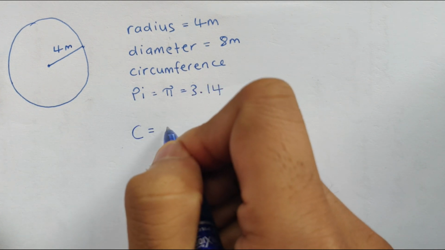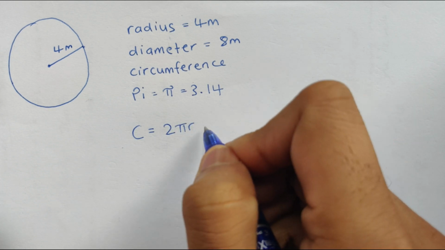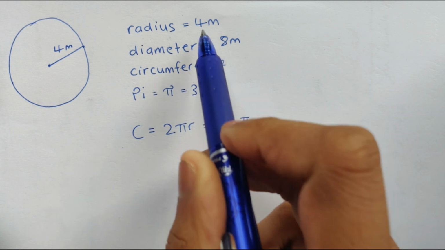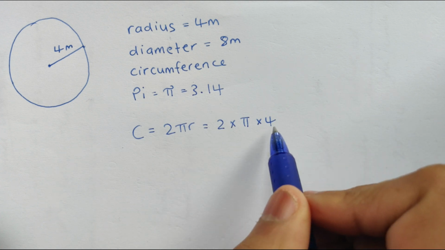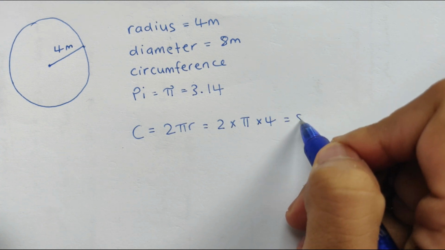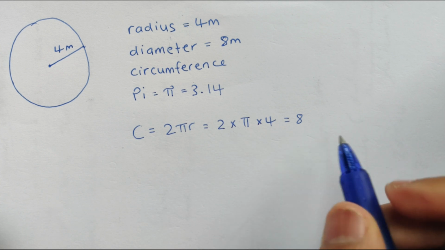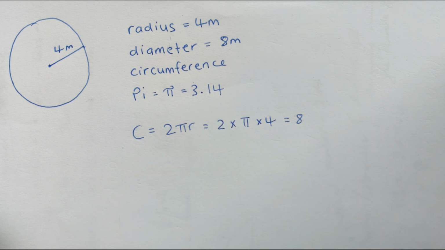So the circumference is given by 2 pi r, which equals 2 times pi times r, which is 4. So 2 times 4 is 8, and pi, I'm going to leave my answer in terms of pi, but if you want to calculate the actual value, it's simply 8 times 3.14.